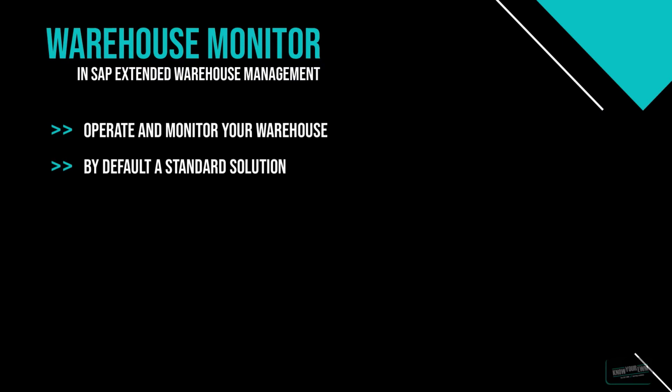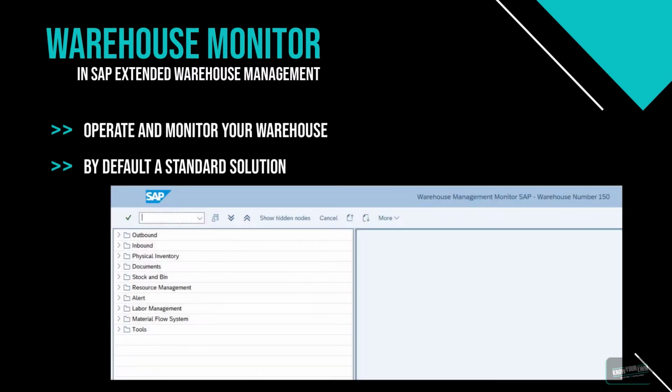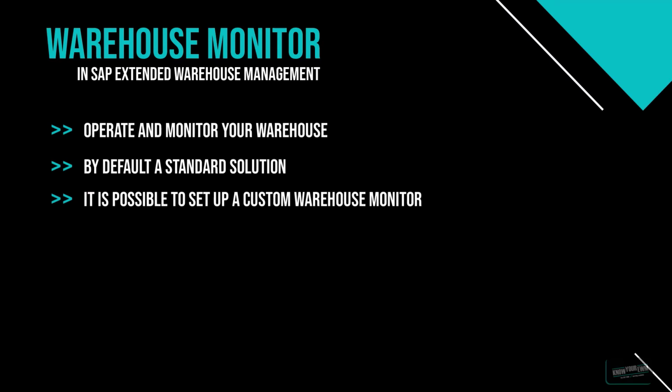Like for example, the SAP standard monitor includes nodes for material flow systems or labor management. But if you do not use those specific options in your warehouse, you can either hide those nodes, or you can set up your own warehouse monitor solution that fits your warehouse's needs. And how that can be set up in the EWM Customizing, we are going to have a look at next.